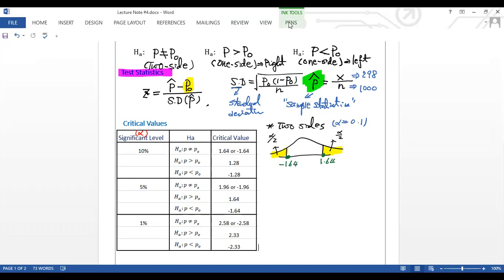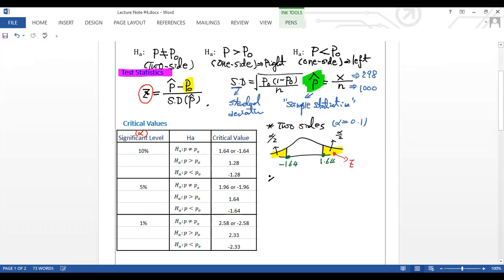Then whatever test statistic z you calculate, if your z sits here in the yellow area, which we call the rejection area, say you calculate z as 2.13, then you reject the null hypothesis. That's how you use this critical value table.